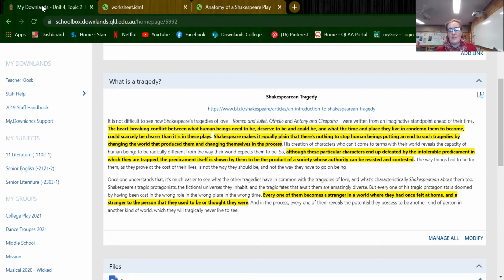Okay, so then the next one says, although these particular characters end up defeated by the intolerable predicament in which they are trapped, the predicament itself is shown by them to be a product of a society whose authority can be resisted and contested. So the fact that he gets this advice from witches who, if we don't have any interest in the supernatural, are simply women who exist outside society, they've been marginalized, silenced, devalued.